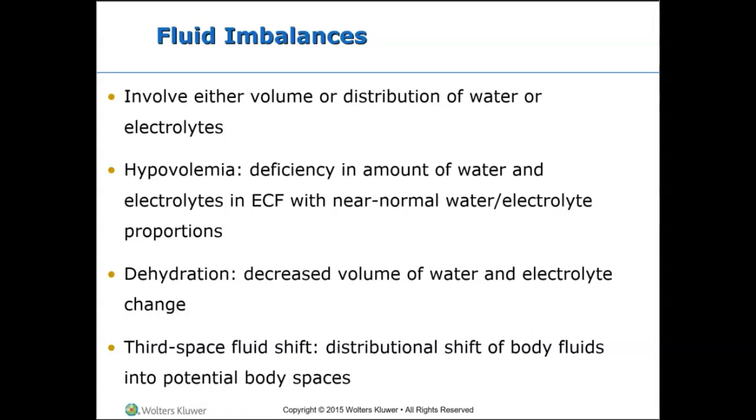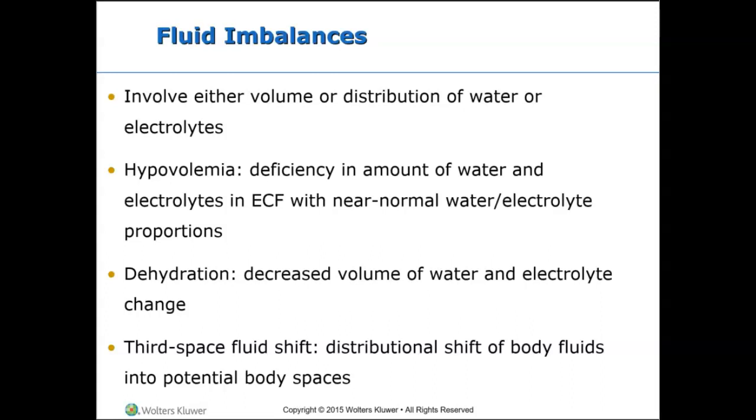Third space fluid shifting refers to the movement of body fluids from the intravascular compartment into the transcellular compartment in the pleural area or the peritoneal or the pericardial, joints, bowels, interstitial spaces, right? Once these fluids have shifted, it is hard to return them back to the ECF.